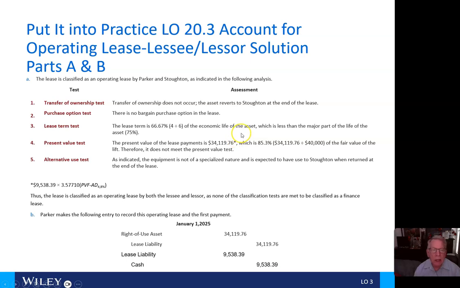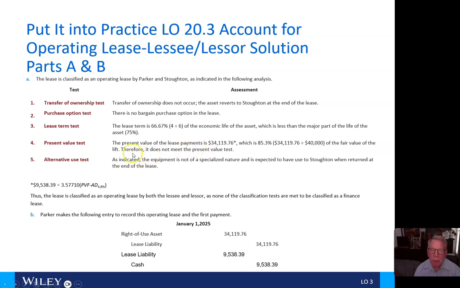And that is less than the major part of the life of the asset, 75%. The present value test: the present value of the lease payments is $34,119.76, which is 85.3% of $40,000, the fair value of the lift.